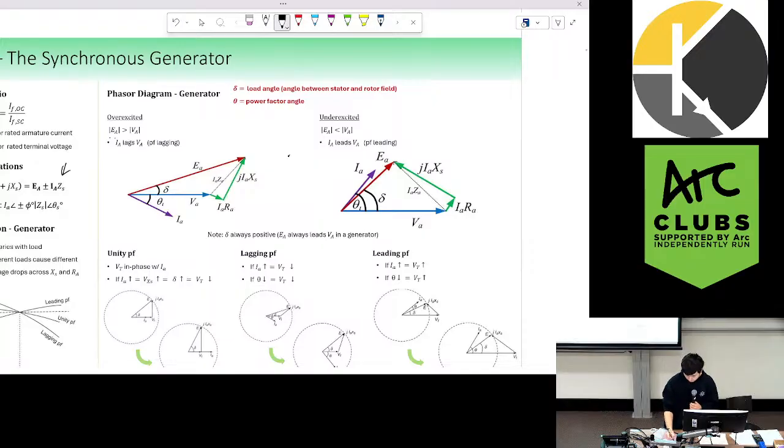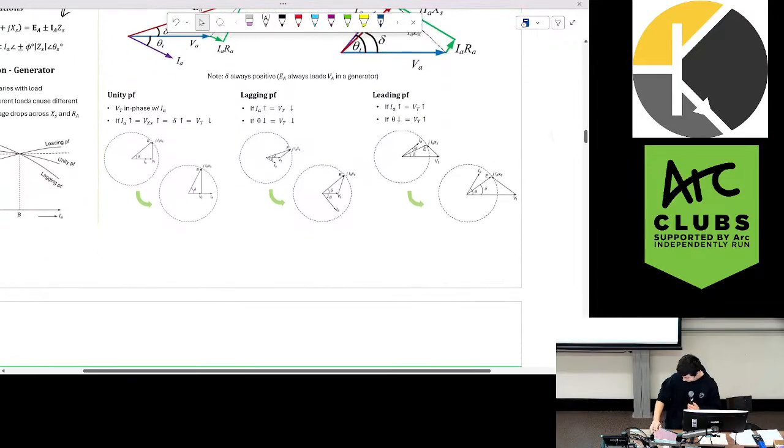So we can tell that with overexcited machines, the excitation is of a greater magnitude than the terminal voltage. One way you could think of this is your IA is actually contributing further towards your EA, whereas in the underexcited case, it's actually contributing against. So yeah, it's just how phasors relate.